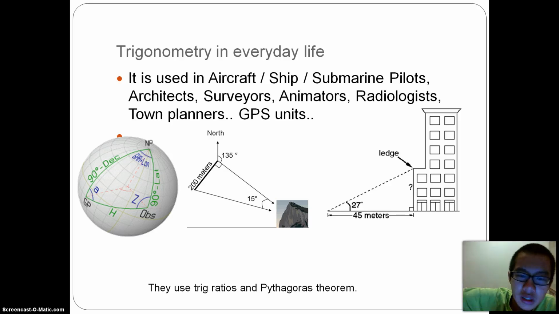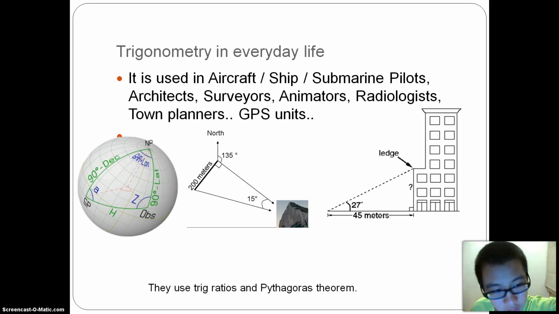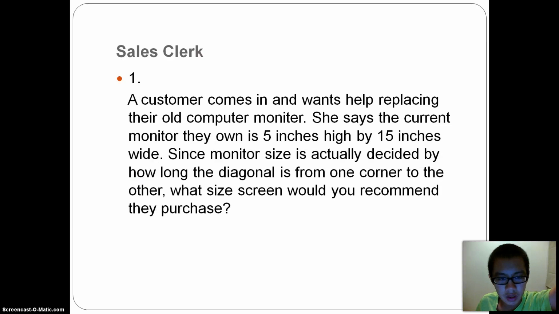If not, instead of building 5 stories, they're going to build like 3.5 stories. Pythagoras is also applied in everyday life, together with trigonometry, so they're interconnected, dependent. My group has been given the job of sales clerk, so we've got to move on.